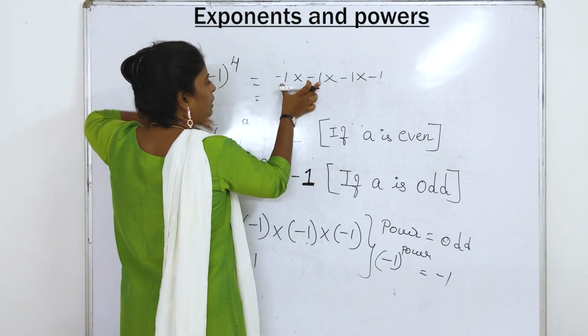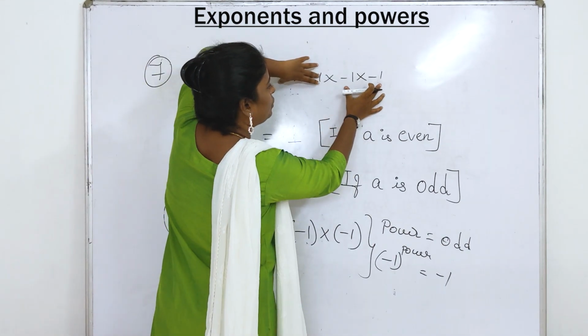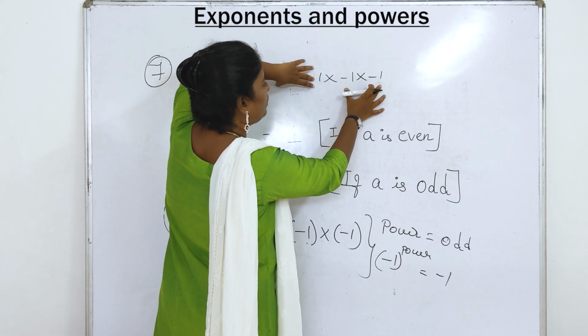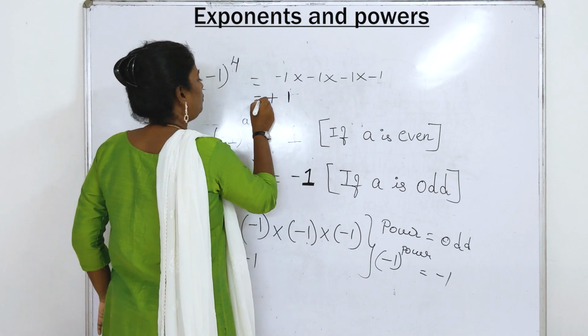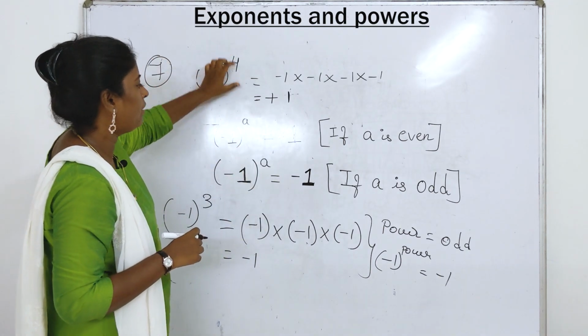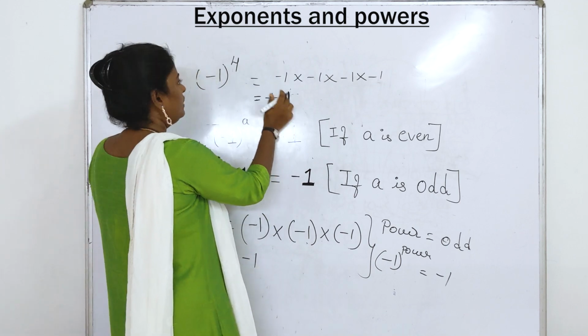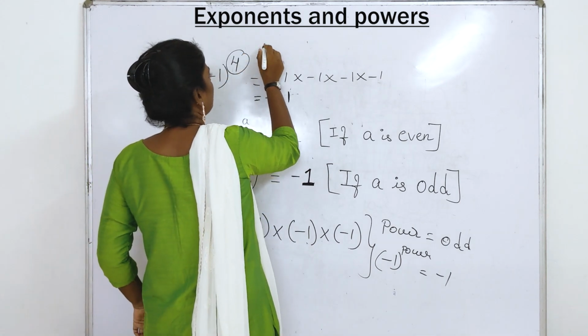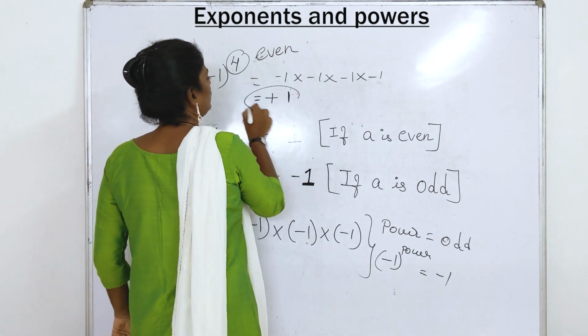This is equal to minus 1 into minus 1 is plus 1. Again, minus 1 into minus 1 is plus 1. So plus 1 into plus 1 is plus 1. So we prove the condition: if the power is even, we have positive 1. We have an even power, so the value is plus 1.